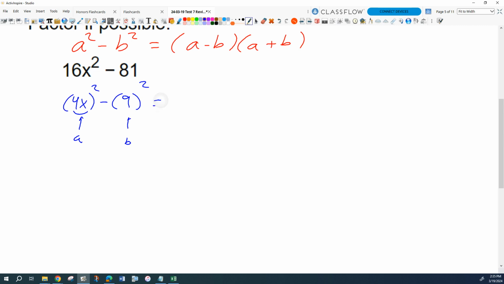So A minus B would be 4x minus 9, times A, which is 4x, plus B, which is 9. Done. Everybody see that? Those are simple, but you got to know the patterns. If you don't know the patterns, you're lost.